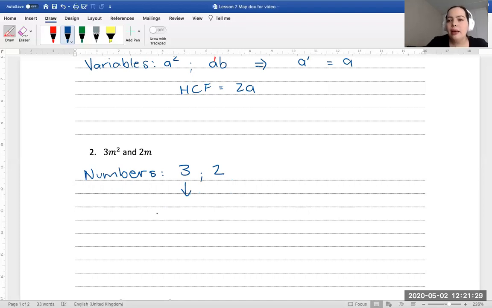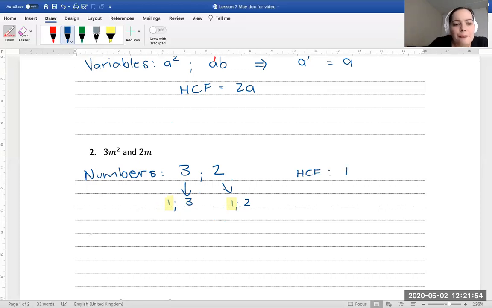So 3 is already a prime number, so I know that it's just 1 and 3. Then let's look at the factors of 2. Well, I know that the factors of 2 is just 1 and 2 because, again, 2 is a prime number. So here, the highest common factor that we have is just 1. They don't have anything else in common. So our HCF in terms of the numbers is going to be 1.